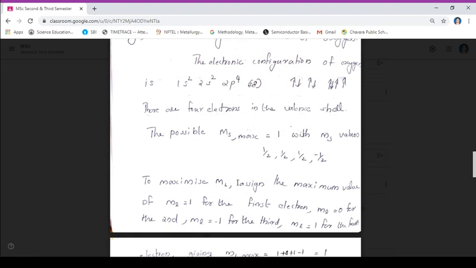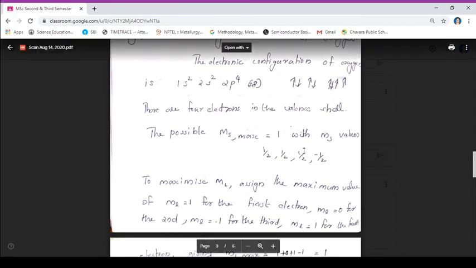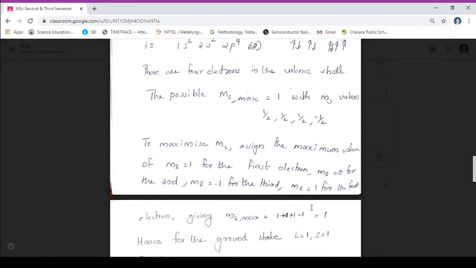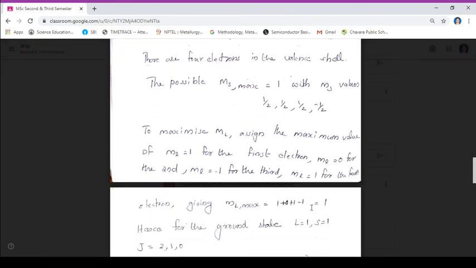You cannot take ml equal to 1 for all the electrons, because no 2 electrons can have all the quantum numbers identical. Already ms is equal to half for the first 3 electrons, so you have to take different values of ml. If you add together, this gives a resultant value of 1. So ml maximum is nothing but your capital L.